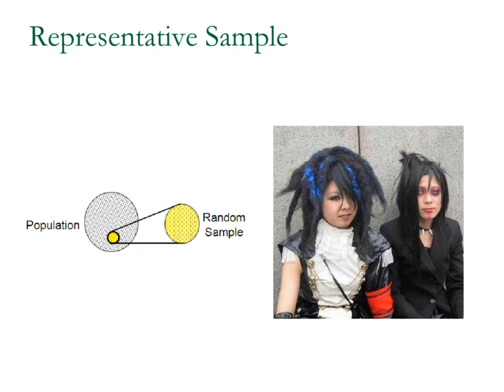So, for example, if I question the individuals pictured in the slide and I ask them about their opinion on music tastes, I'm going to get an answer that probably is not reflective or representative of the nation as a whole, because they belong to a particular subset of the population.